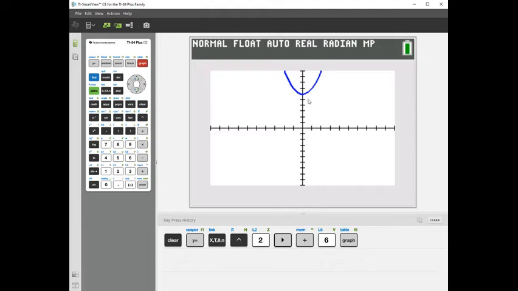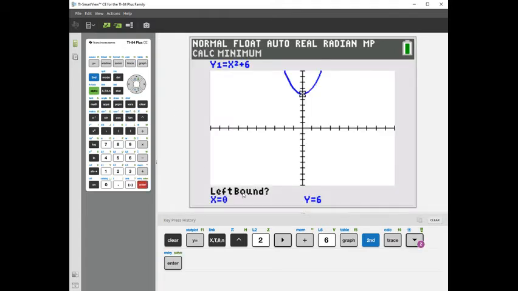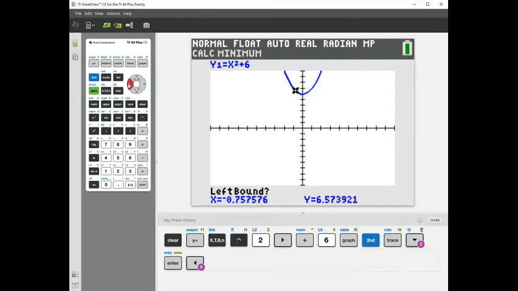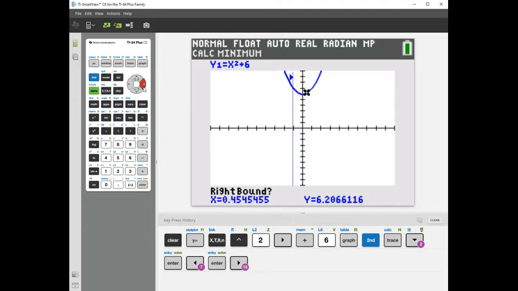To find the minimum, this low point in the graph, I'm going to go to second, trace, and go down to number 3, where it says minimum. Left bound means I'm going to go somewhere to the left of this minimum value, just anywhere to the left, and click enter. Right bound means I'm going to go somewhere to the right of that minimum value, over here, and click enter.